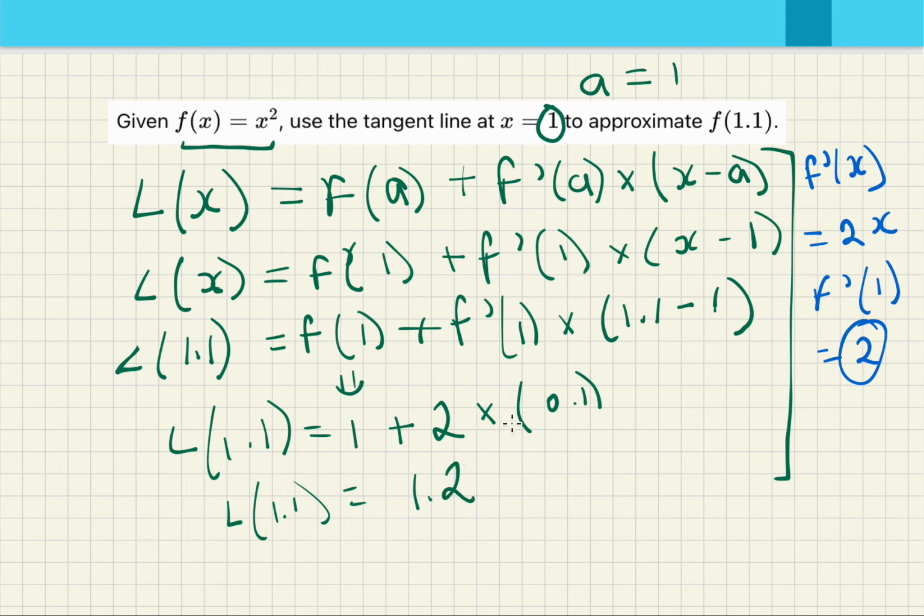Using PEMDAS, we multiply first and then add 1. And so this is what we get, and this is the approximation of f at x equals 1.1.